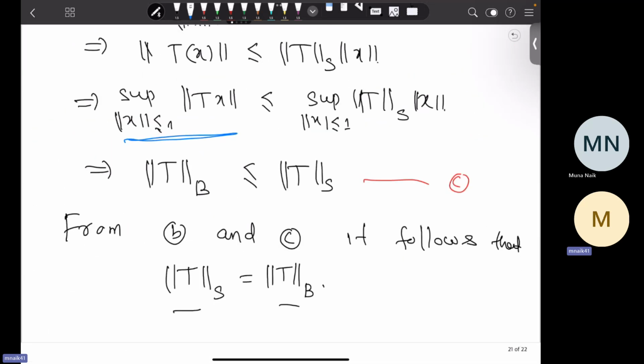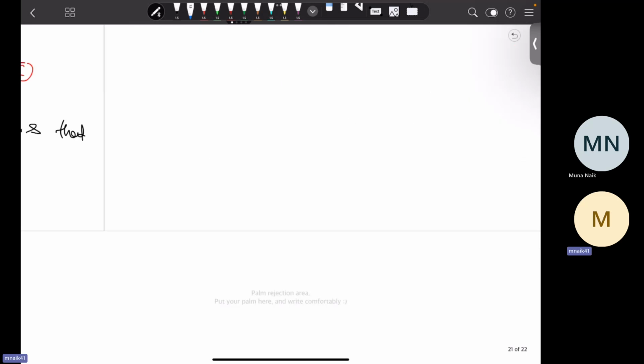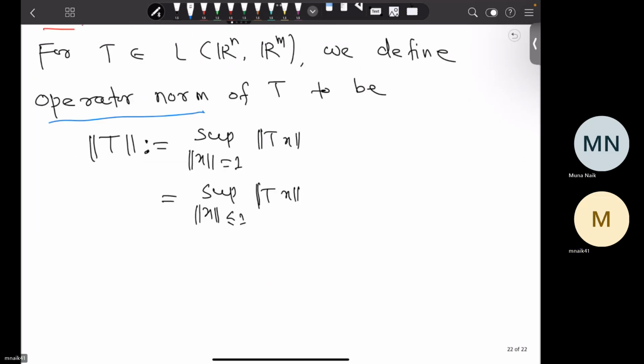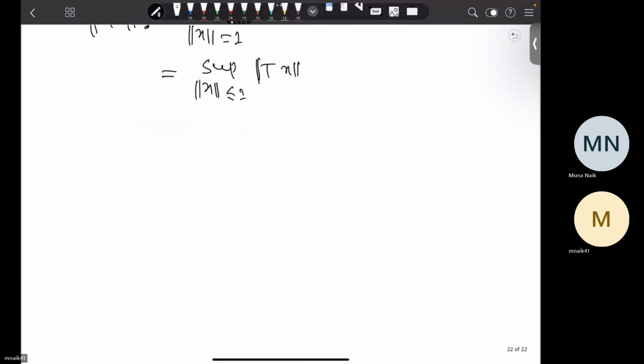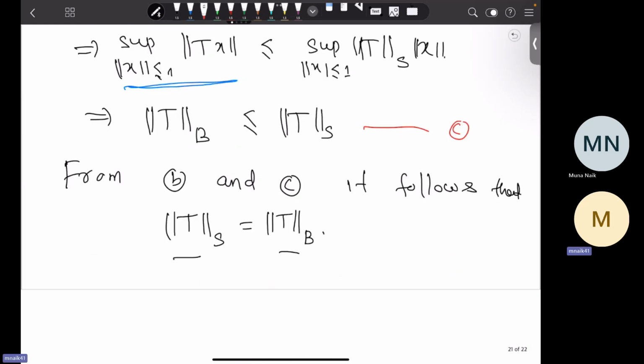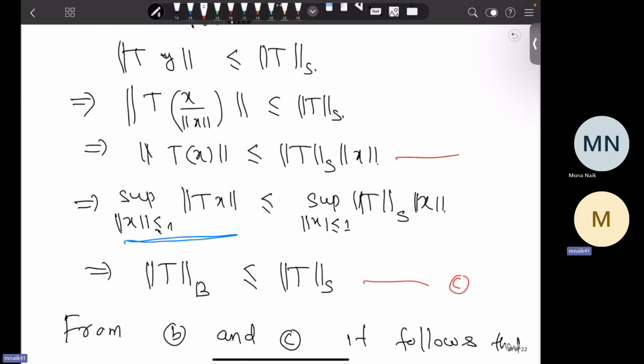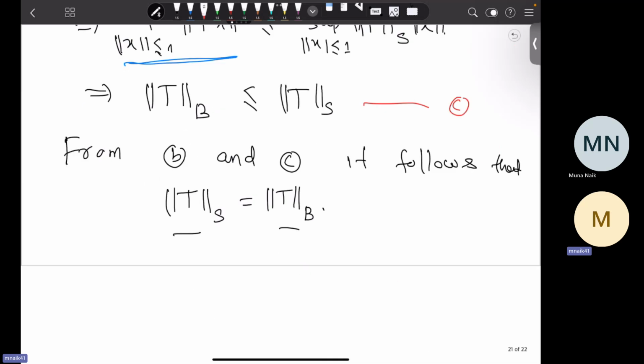Now, the first observation. From D, the norm of Ts is equal to the norm of Tb, and this is nothing but the norm of T, the operator norm, by definition.